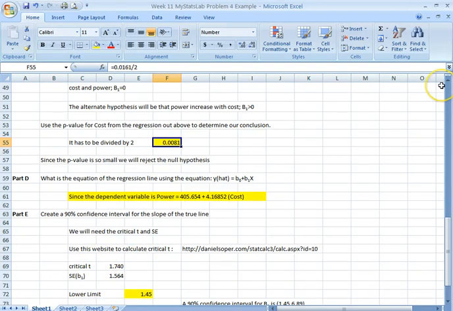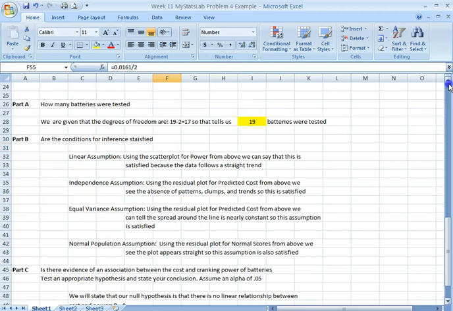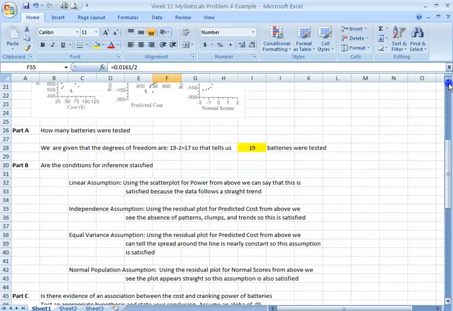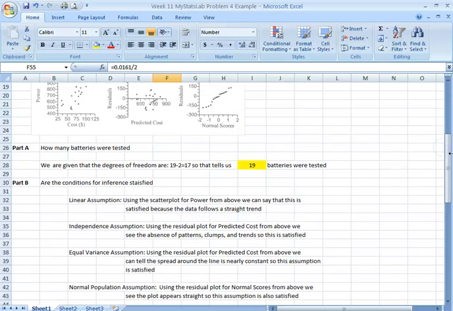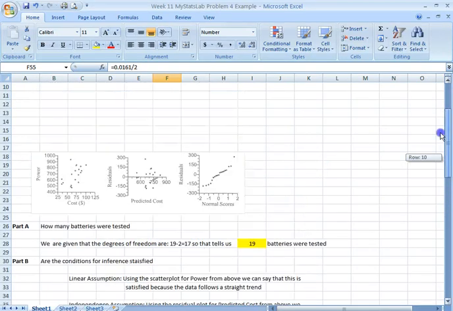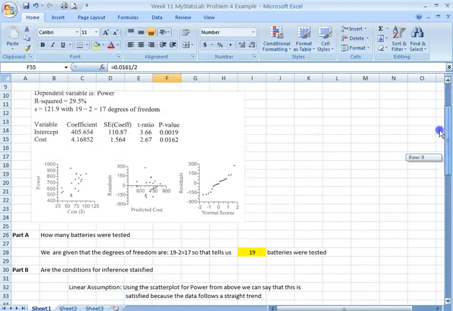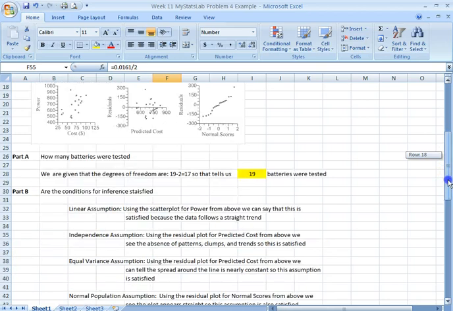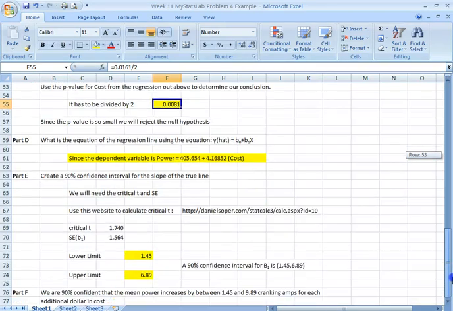Now our standard error comes from the output that we have above. We can get back to that. And we see the standard error for our cost at 1.564.